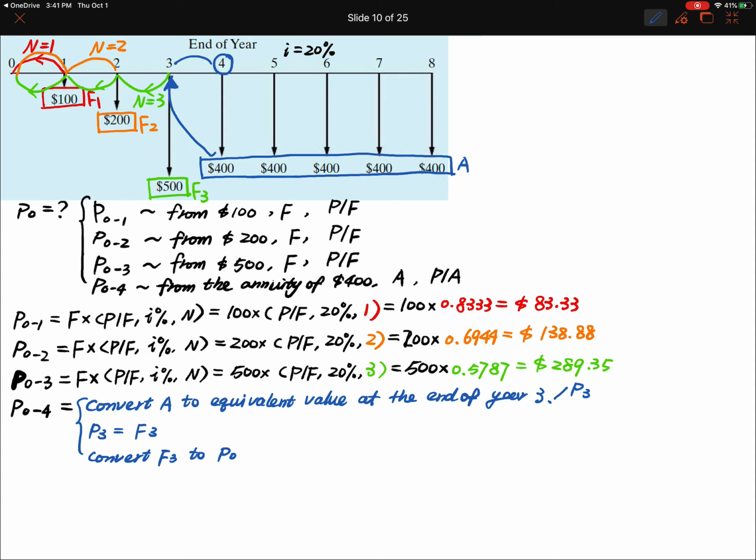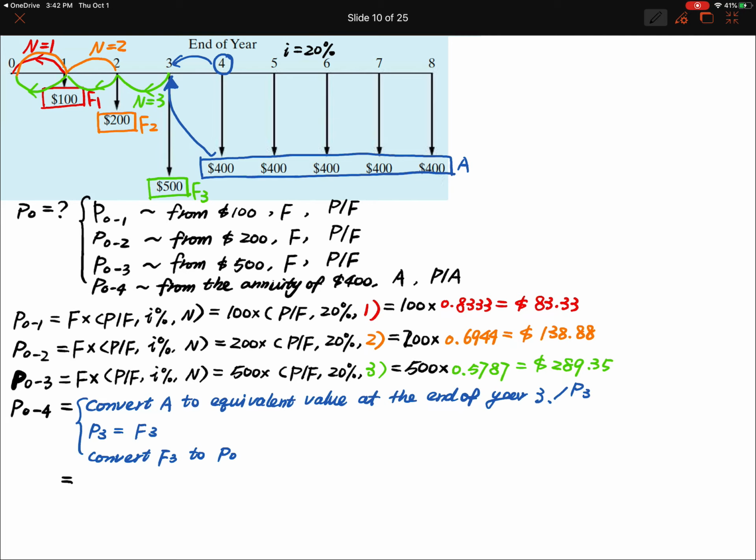So by using that equation, you only convert all the annuities back to year 3. Okay? And then you need to deal with how you convert some value at year 3 back to year 0. That's why we have these 3 steps.